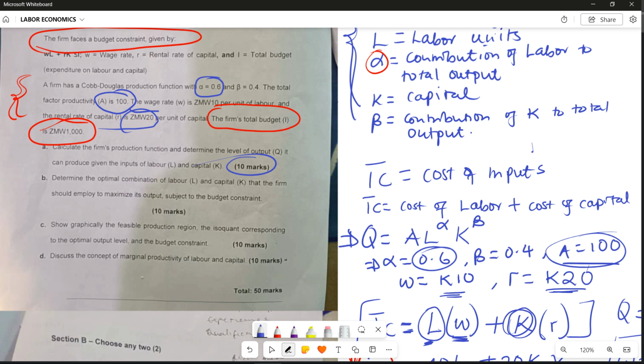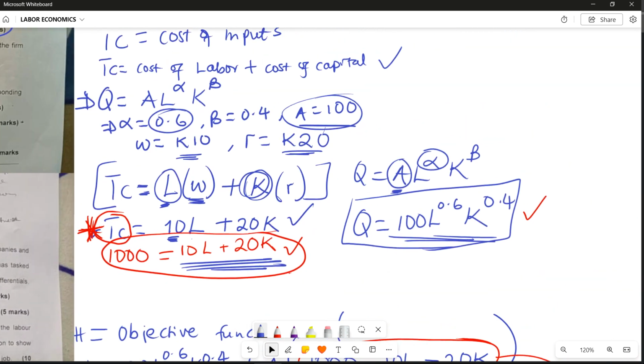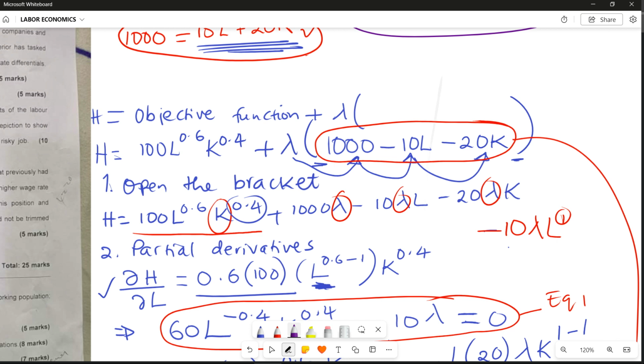calculated the production function, which we said is, where is that part? Here, where we said the production function should take that form. So that's for the first part. Then what we have done, all these steps here are catering for both A and B. Then to find the answer for B, remember for A, because A was just asking us to find the actual amount that we can produce, and we said it's 3,000 something.